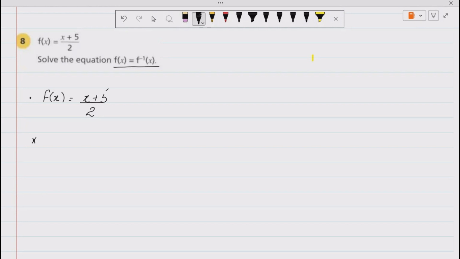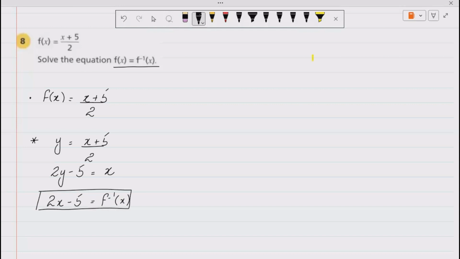For this, we put y equals (x plus 5) over 2, then 2y minus 5 equals x, then f inverse of x equals 2x minus 5. So I did both steps in one. So this is f inverse of x.